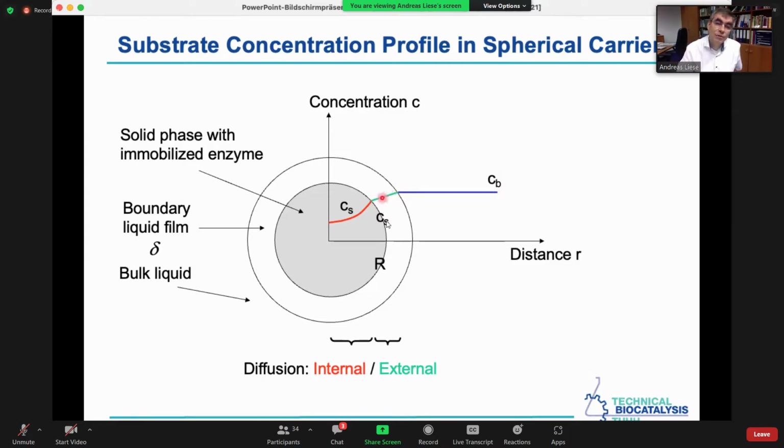Then on the surface of the carrier, we always have this film boundary layer where the concentration is reduced. And then from the outside to the inside in the pores, we have diffusion limitation, and concentration is further reduced. We're not discussing this in detail because it's classical chemical reaction engineering, and you will for sure either have heard it already in previous studies, or you will hear it in accompanying studies in your master.